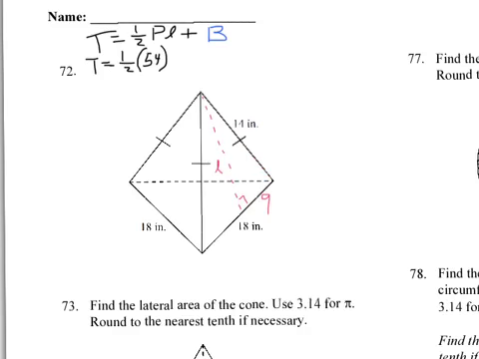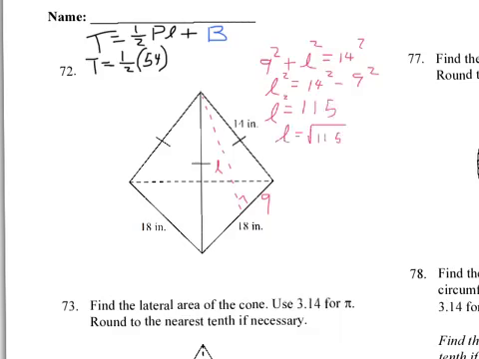So that means then that 9 squared plus our slant height squared equals 14 squared, which means that our slant height squared equals 14 squared minus 9 squared. 14 squared is 196. So 196 minus 9 squared, which is 81, is 115. And therefore L is the square root of 115. So now we're ready to plug that in. Okay, and I'll put that in red just so we can see where that number came from.